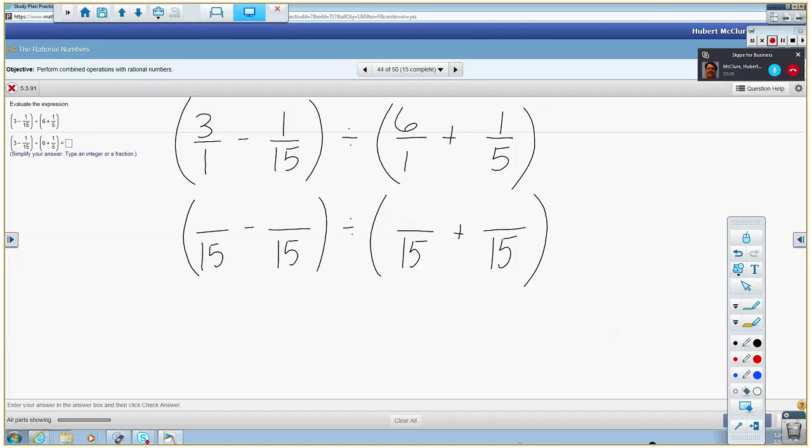You're adding and subtracting. Adding and subtracting, you have to have a common what? Denominator. And you're also supposed to do what's in parentheses first. Parentheses, you're subtracting. Parentheses, you're adding. And once you do the parentheses, then you do the division. No hiccup in the class.